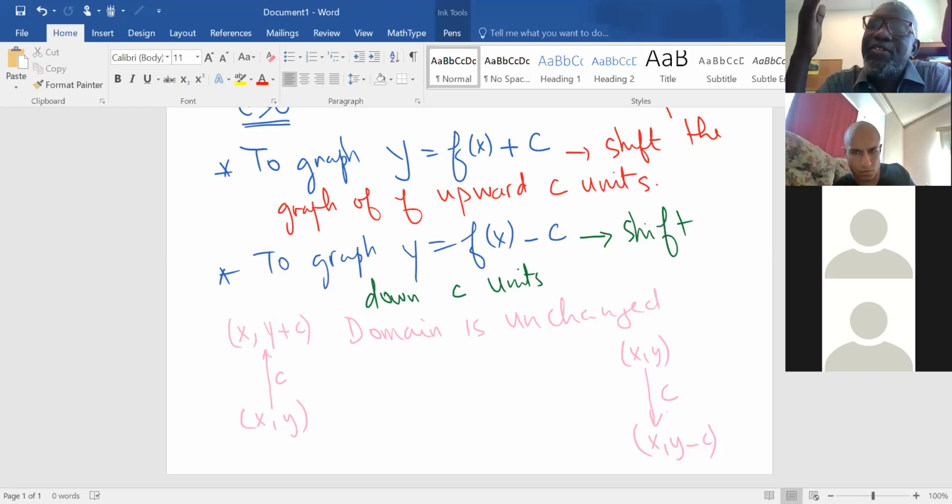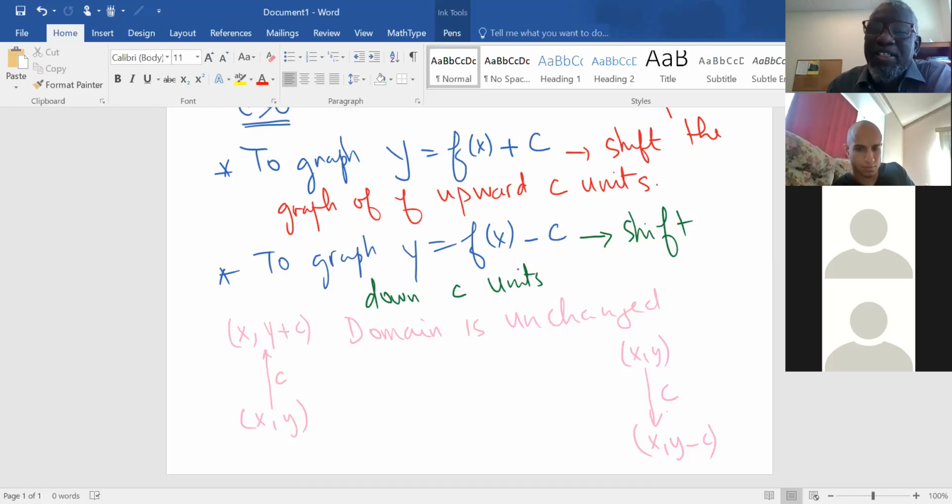I don't want to say number because it's not a number. Something like infinity. Infinity doesn't change. If you move something up 5 units and the range was negative infinity to infinity, when you move it up, does it change? It's still negative infinity to infinity, right? Okay, that was just a parenthesis.